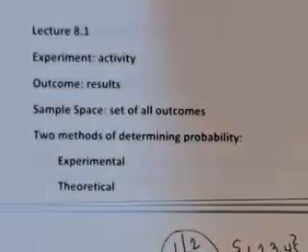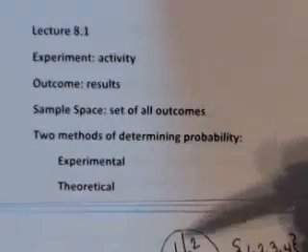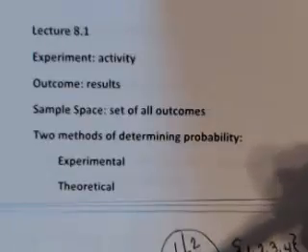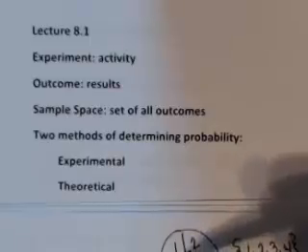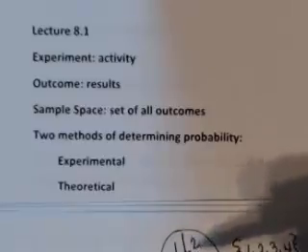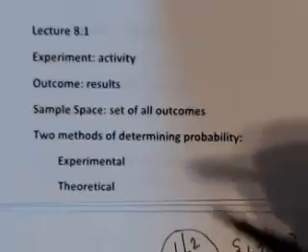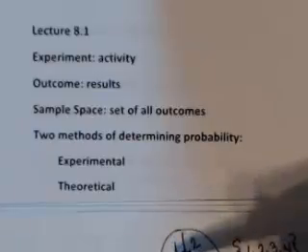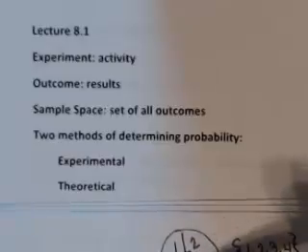Theoretical probability is looking at the situation. I have 4 numbers that share an equal amount of area. So when I spin the spinner, I should have an equally likely probability of landing on any one number. So the probability of landing on a 1, which should be the same as on a 2, should be the same on a 3, and should be the same on a 4.